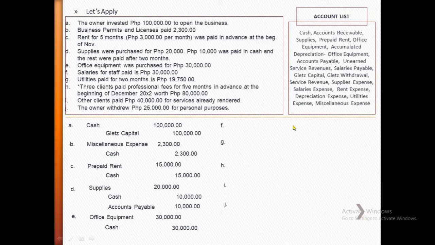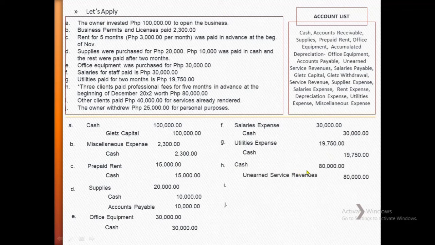In letter F, when you are going to pay salaries, you are going to debit salaries expense 30,000 and then credit cash 30,000. And in letter G, you've paid for utilities, so you debit utilities expense 19,750 and credit cash 19,750. In letter H, you have received advance payment from customers, so you're going to debit cash 80,000.